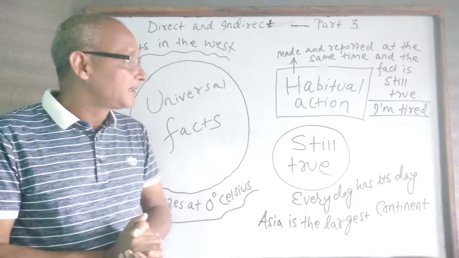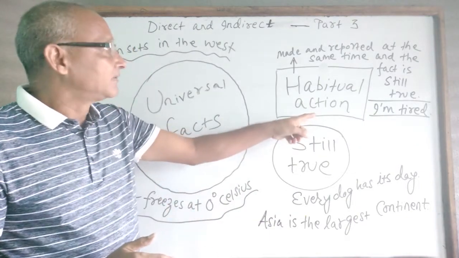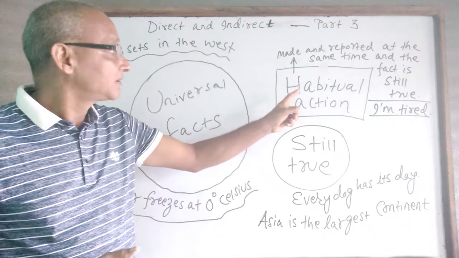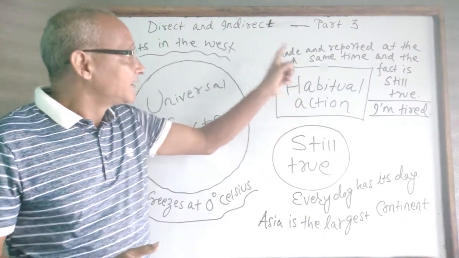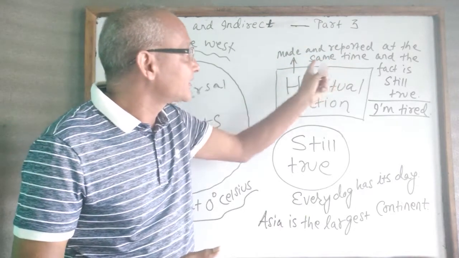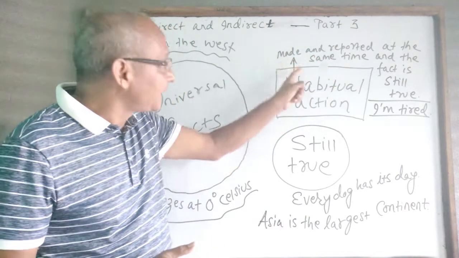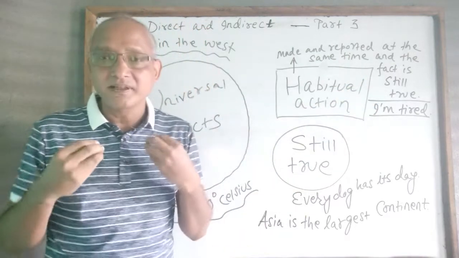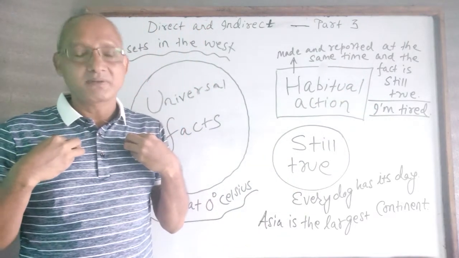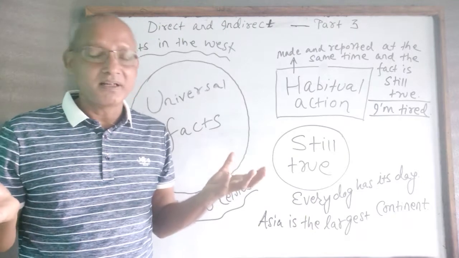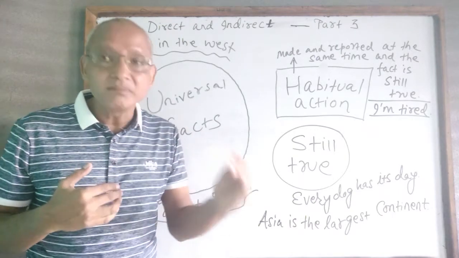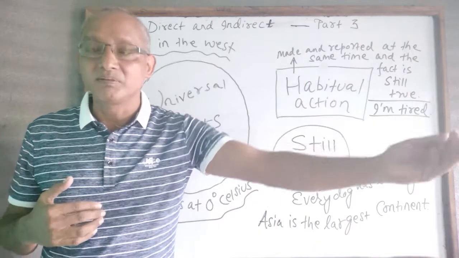Every dog has its tail. Habitual action. This is to be very carefully noticed, that it is made and reported at the same time. If the action is made and reported at the same time and the fact is still true, for example, after having taught direct and indirect, I am tired. Instantly somebody reports it to someone.